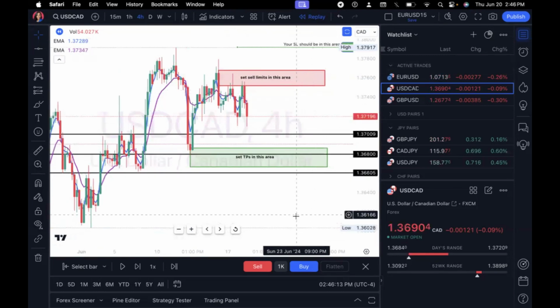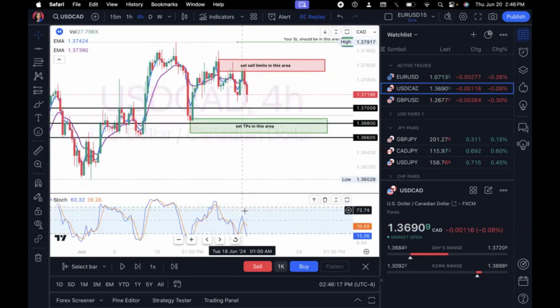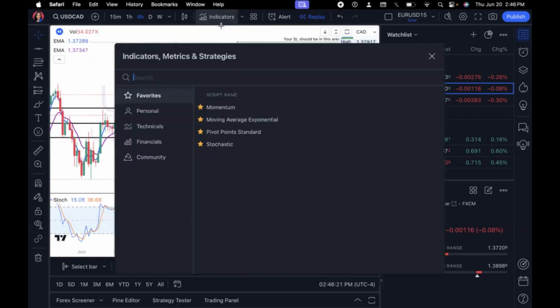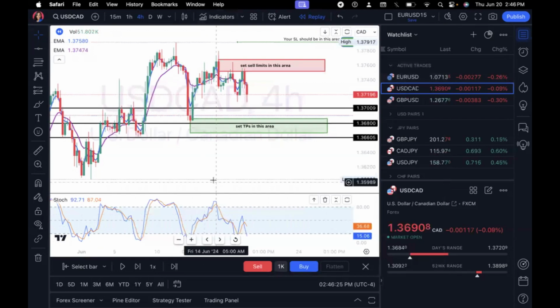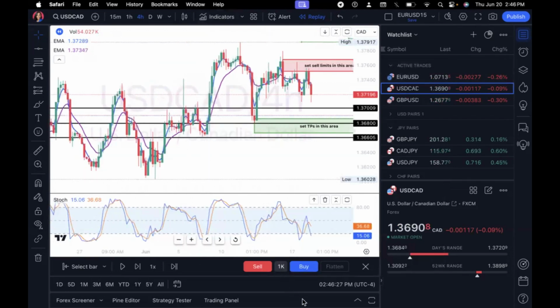Now, for the last confirmation, I used my stochastic, which is another indicator that you can find by going to indicators, searching for stochastic, and I don't change any settings there. And it's pretty simple and straightforward how I use this indicator also. If the market is going up, the stochastic tends to be going up as well, versus when the market is going down, the stochastic also seems to be facing down as well.